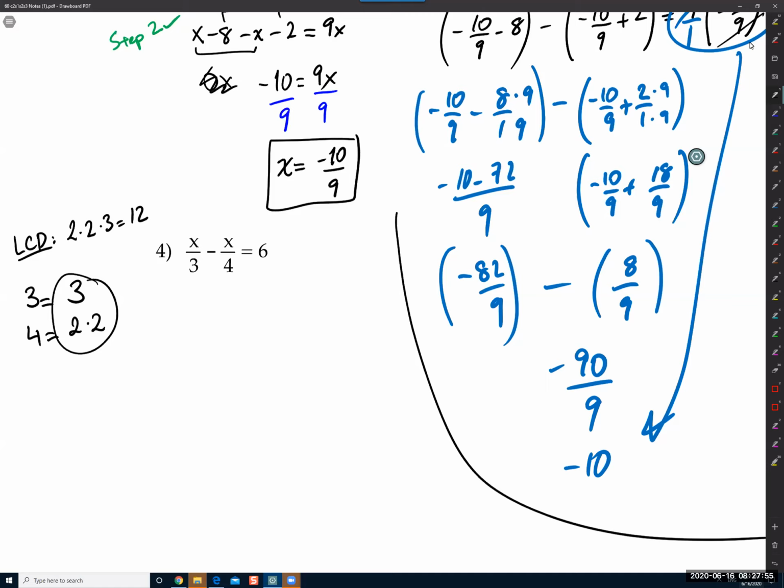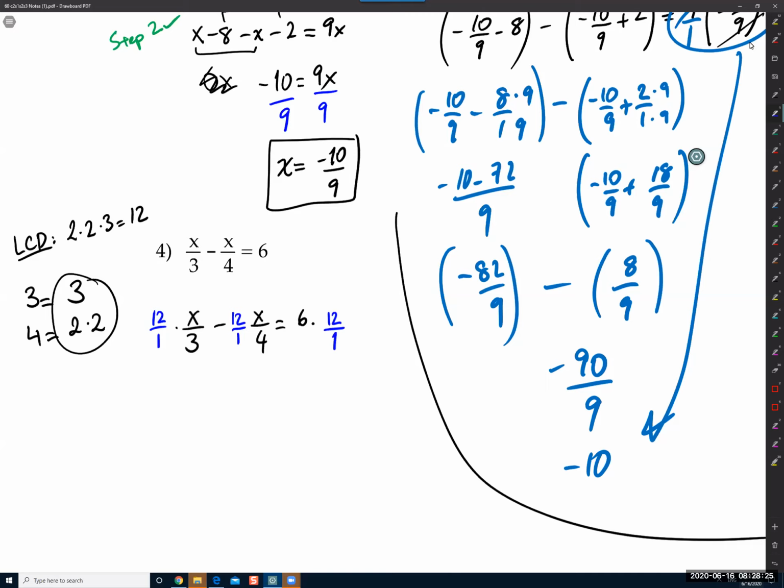So x over 3 times 12 over 1, minus x over 4 times 12 over 1, equals 6 times 12 over 1. You notice how I write the 12 as 12 over 1 to show you that's a fraction.